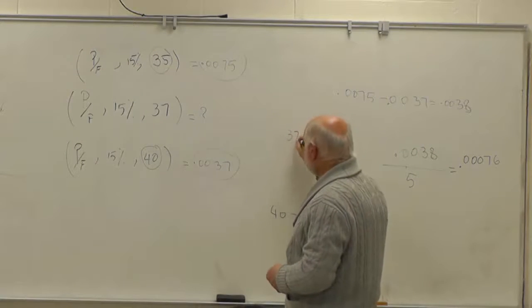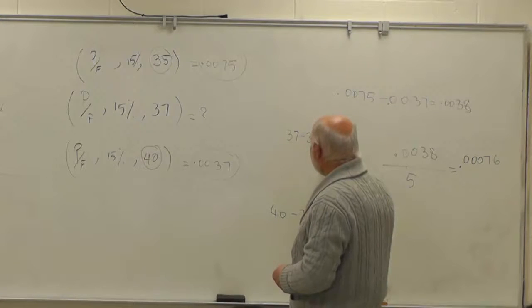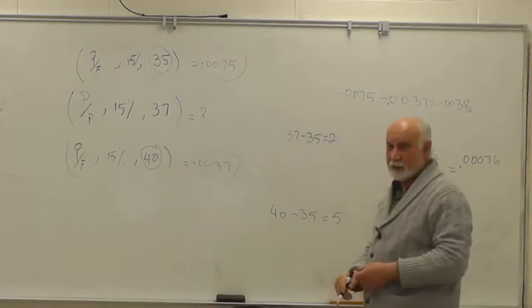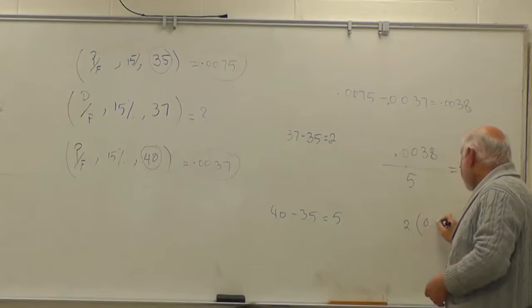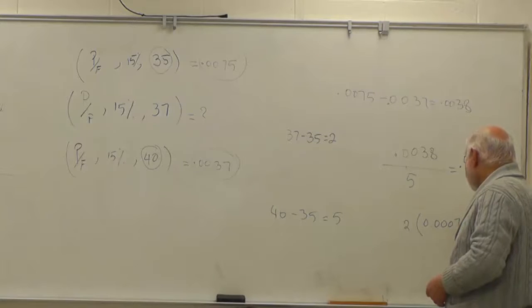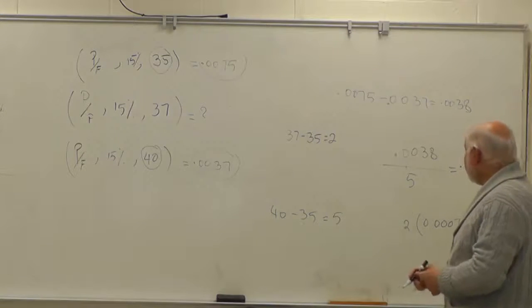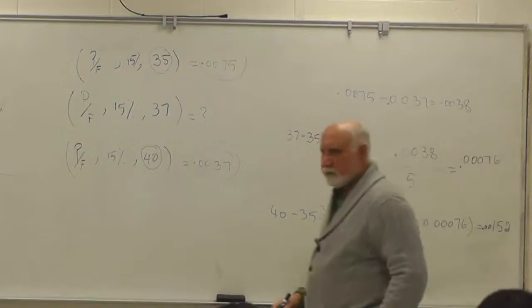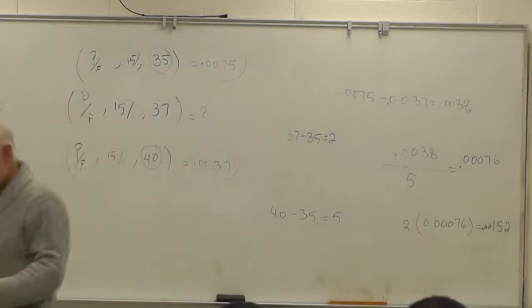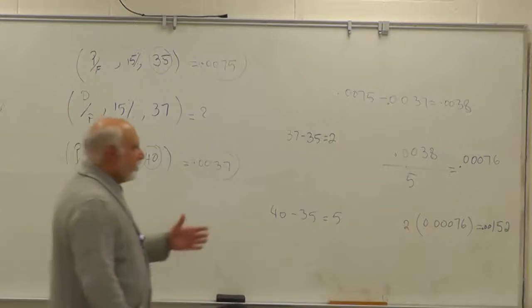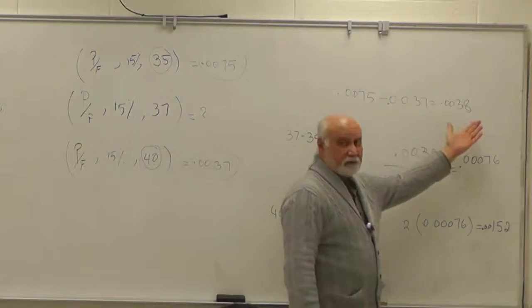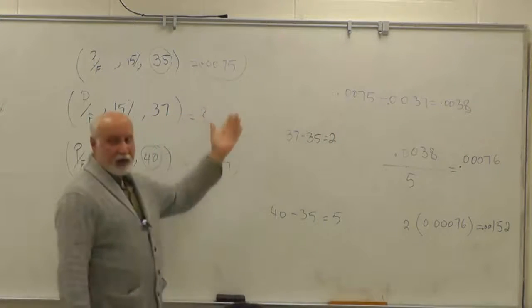37 minus 35 is 2. 2 times 0.00076 will give you 0.00152, so it's going to change this much from this value.